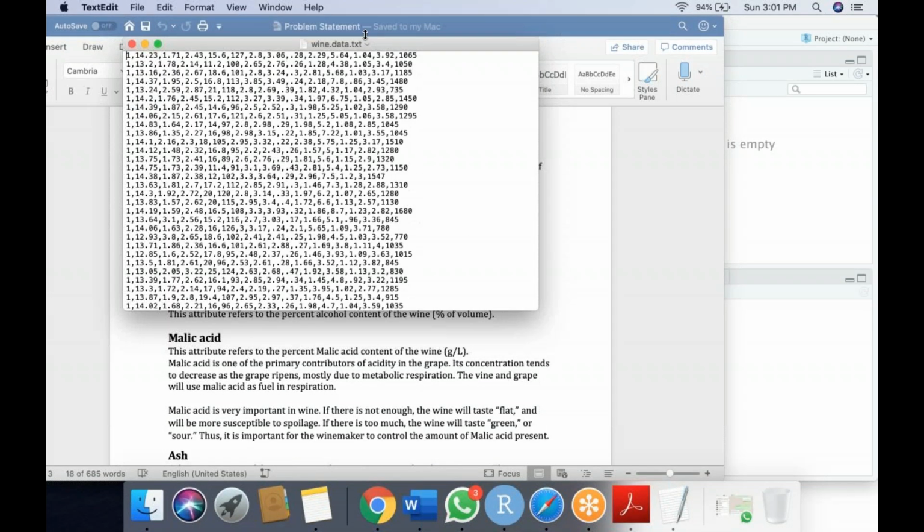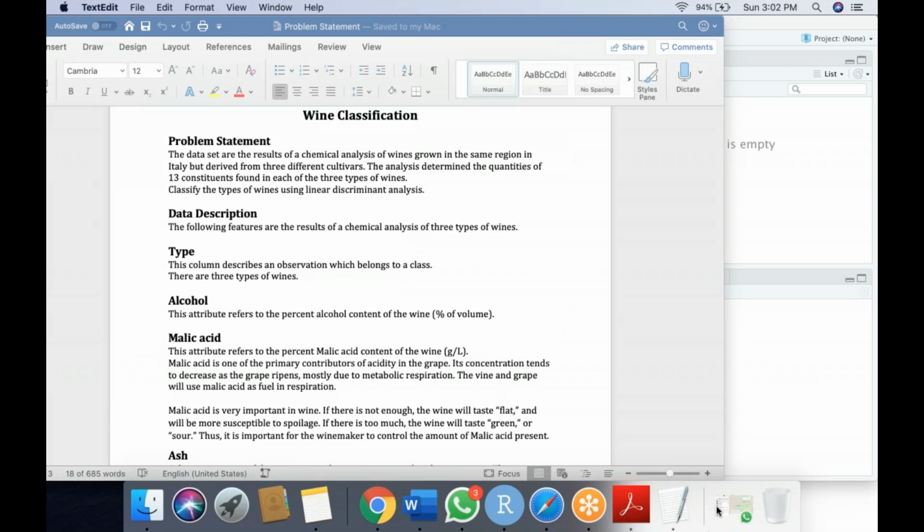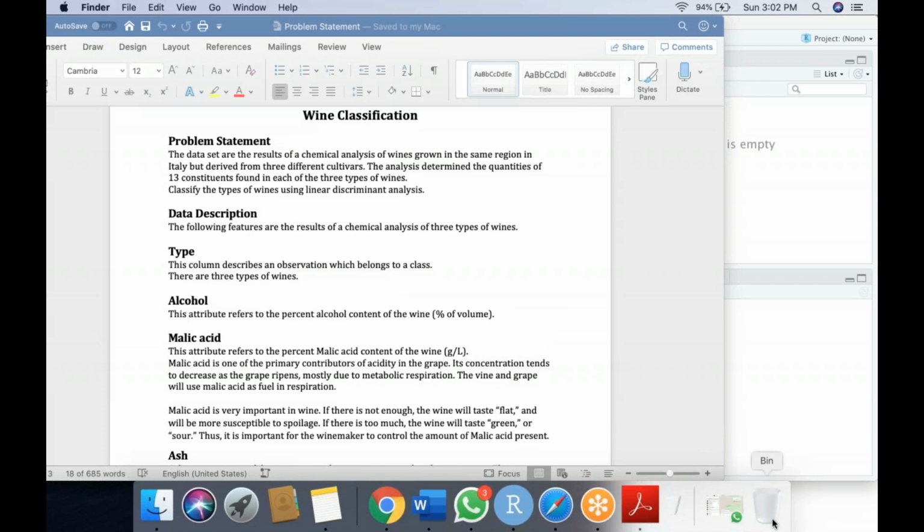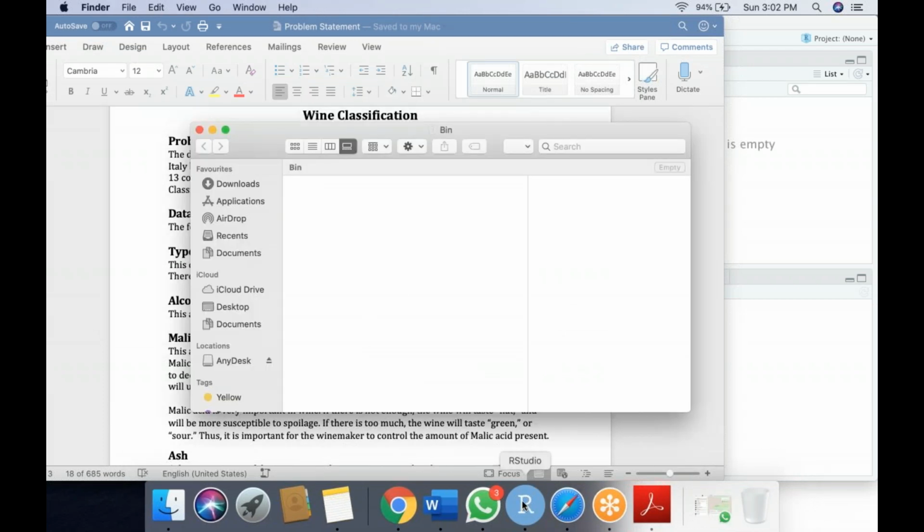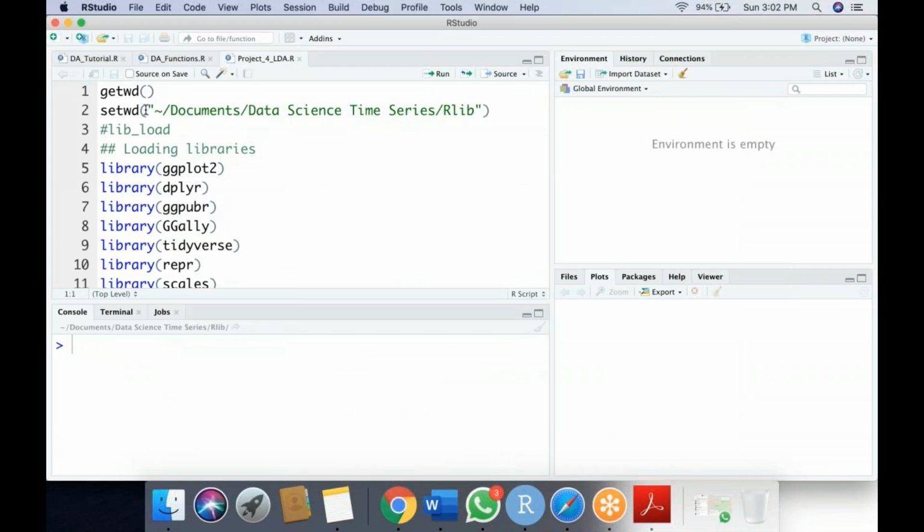Interestingly, this is a TXT file, and the headers are given separately. So what you have to do here is join the headers. That activity we will start doing in R.